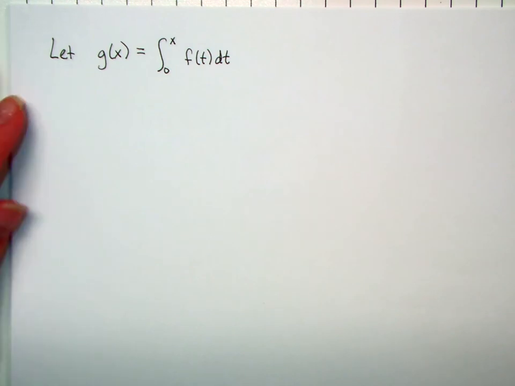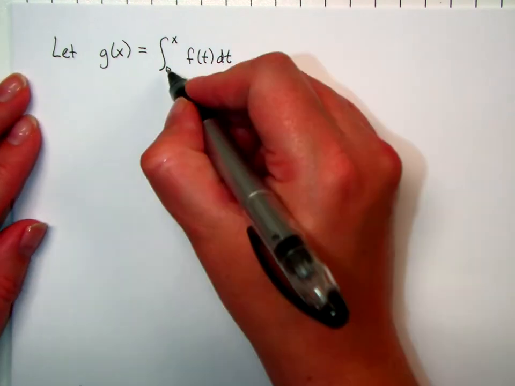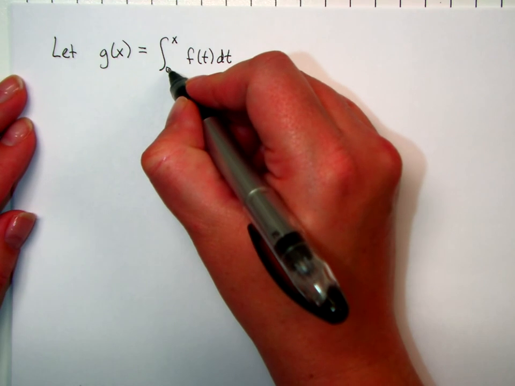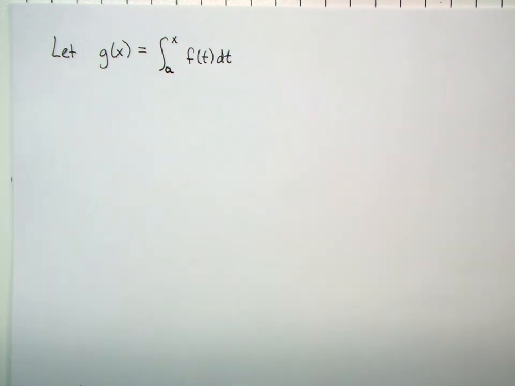Actually, you know what? Let me make not just 0 here. Let's put a constant here, just like the definition, because g of x was the area from a to x.